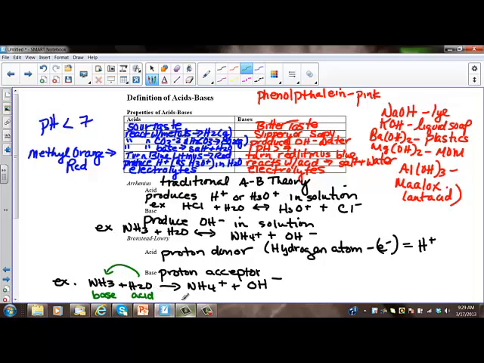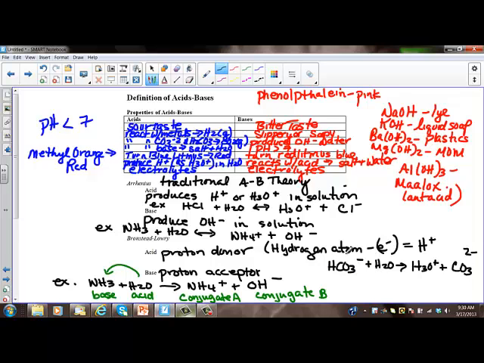I'm going to introduce a new term here. So if this is the base, this is considered the conjugate acid, and this is considered the conjugate base. And I'll explain that in another slide here. One other quick example of this, and you don't have to write this one down if you don't want to. We have HCO3 minus plus H2O yields H3O plus and CO3 2 minus.